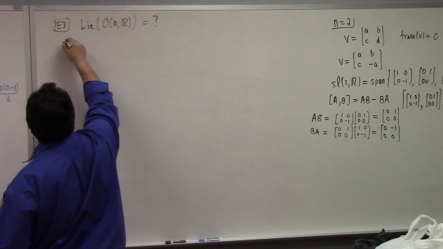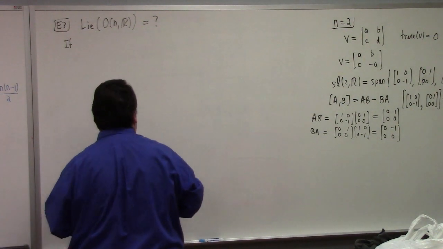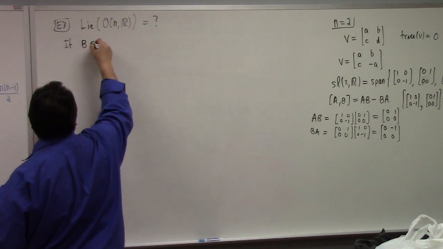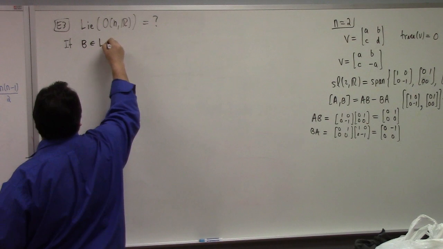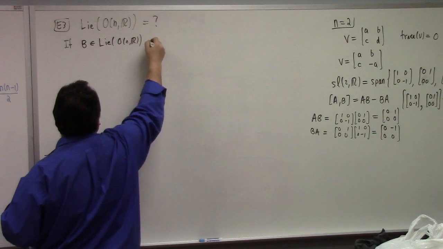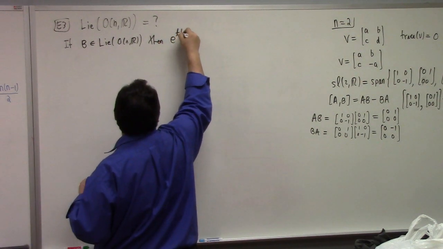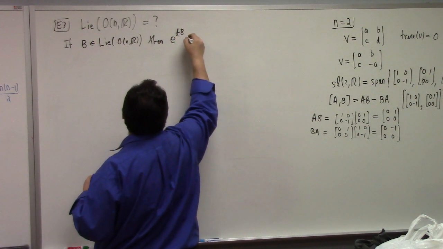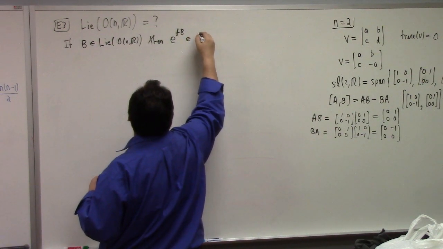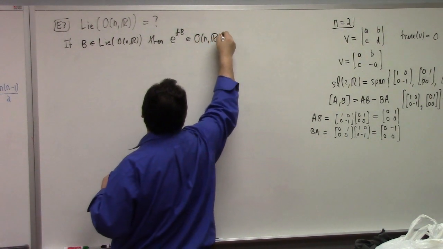I'm going to use B instead of V just because B is nicer. If B is an element of the Lie algebra of ON R, then e to the TB is an element of ON R, right?